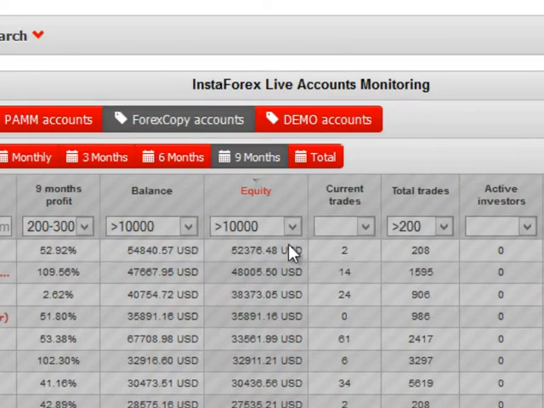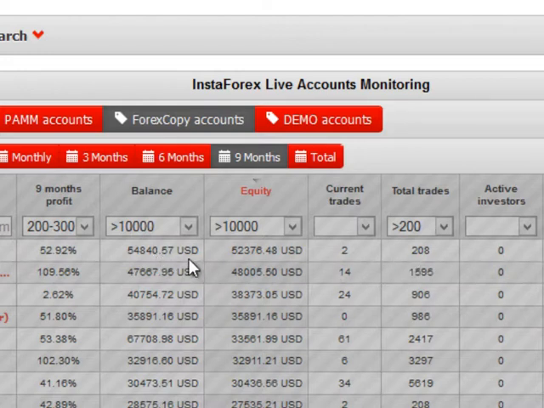Now, going by the fifth column, which is the current trades column, you can see that this trader has 2 trades open actually. So what this means is that these 2 trades are actually costing him close to about $2,000, and that is why his equity is lower than the account balance.